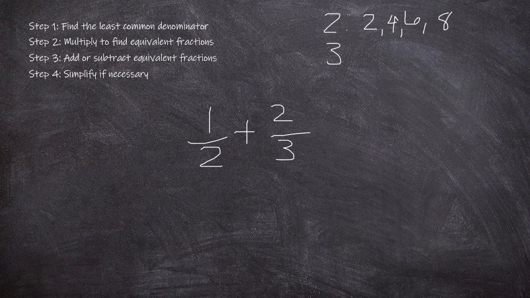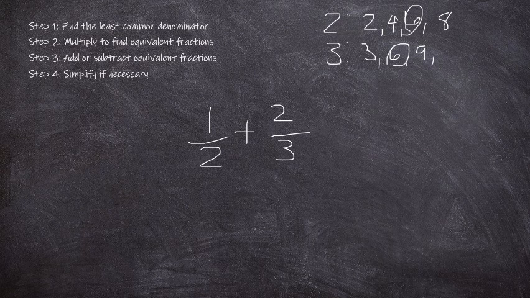And the multiples of 3 are 3, 6, 9, and so on. So the least common multiple between 2 and 3 is 6. So the new common denominator should be 6.